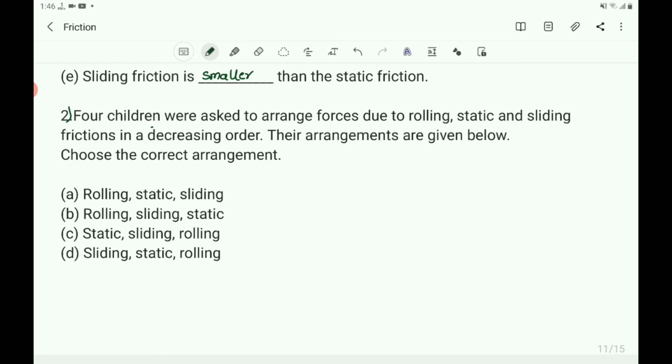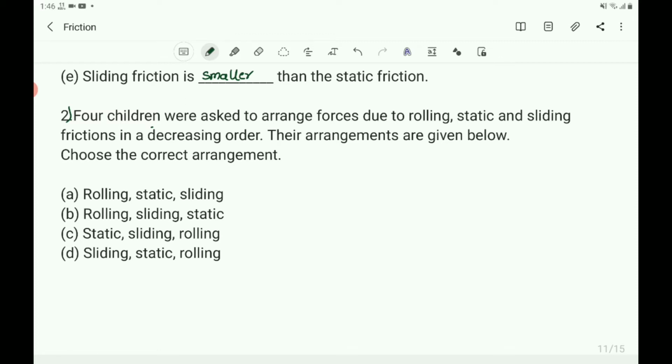Rolling friction, static friction and sliding friction in decreasing order. So we have to start from the maximum to minimum. You know that static friction is maximum, then the sliding friction, and both are more than the rolling friction.